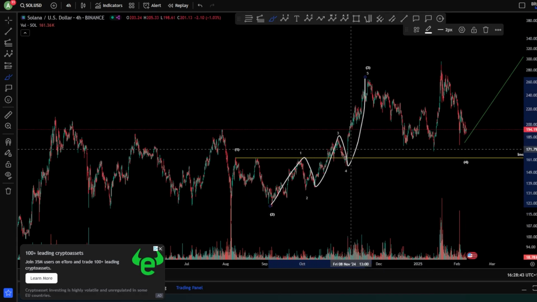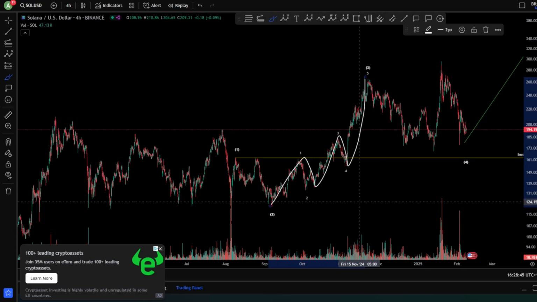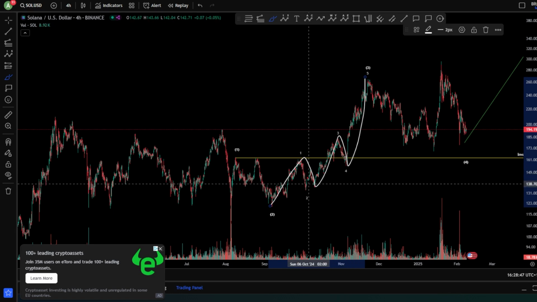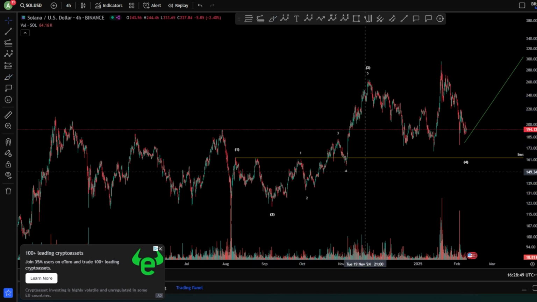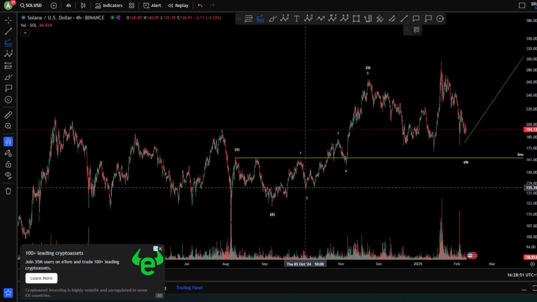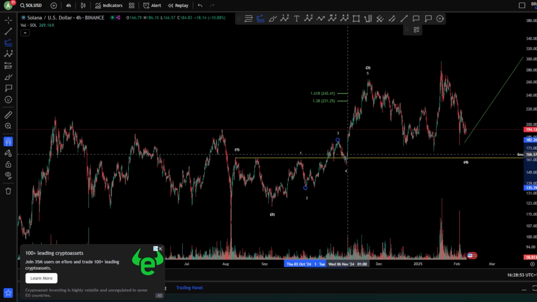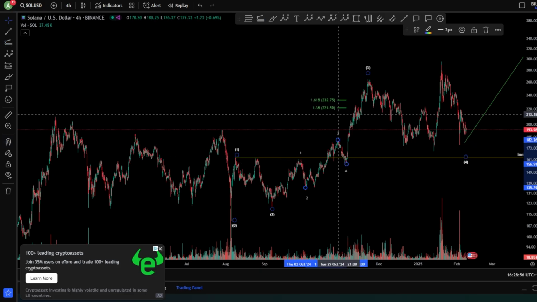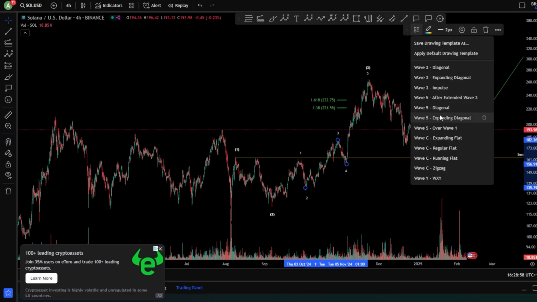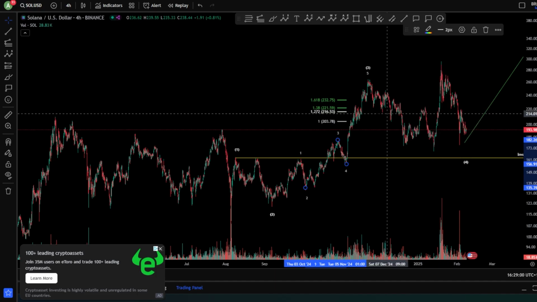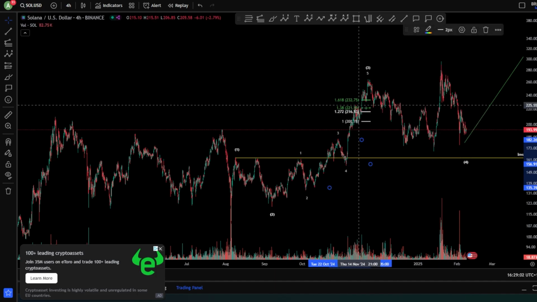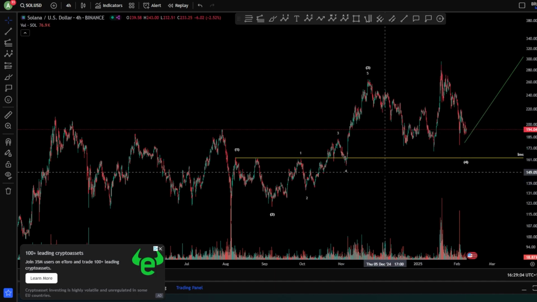It looks like shark teeth as well, right? And it looks very expanding. I think it has already hit over the expanding fib levels for a wave 5. Here we go. This is how it should look, by the way.